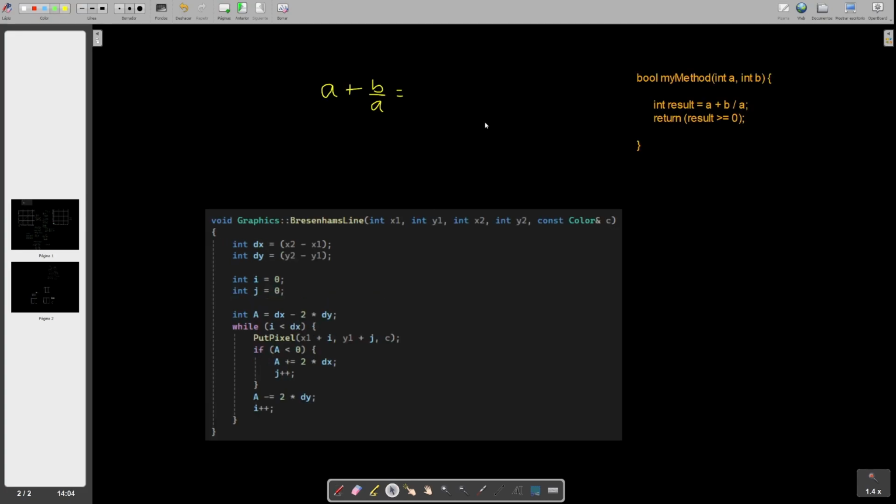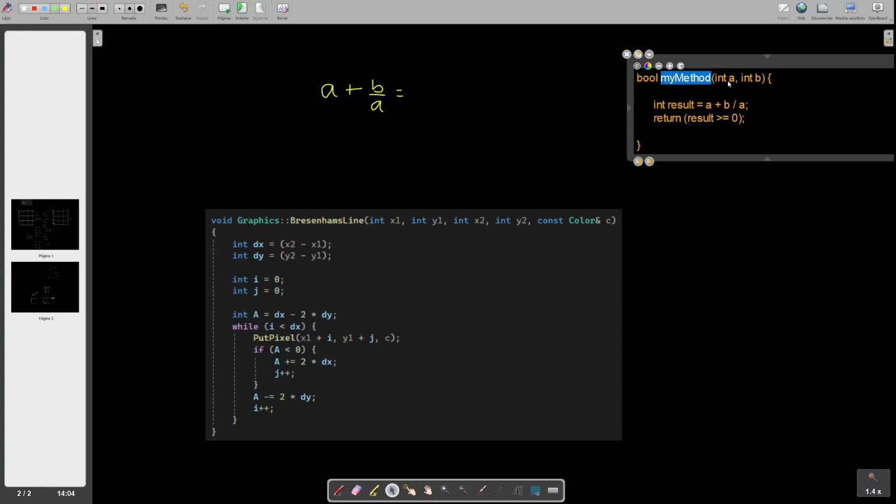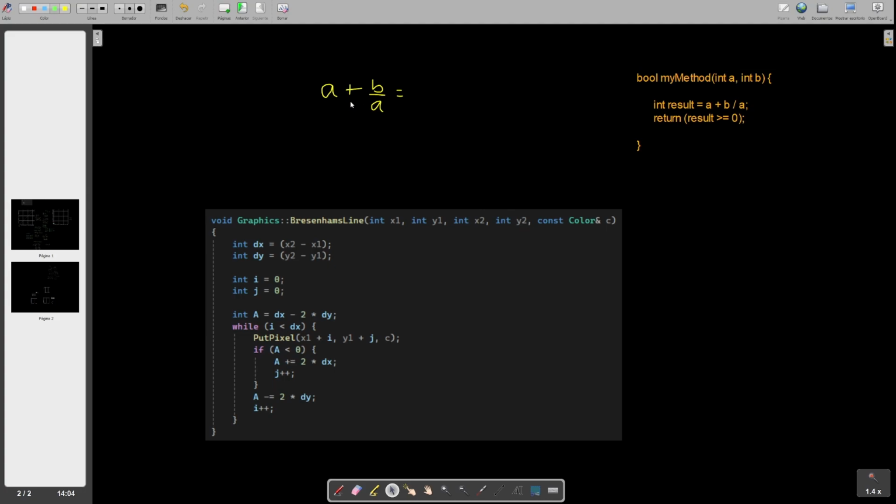What would you do? If you thought about a solution like this, a function that takes two integer parameters, which are the values of a and b, and then just evaluates the equation to get its result, you could just apply a Boolean operator and know if it was positive or negative.